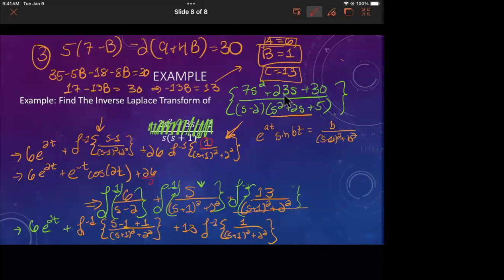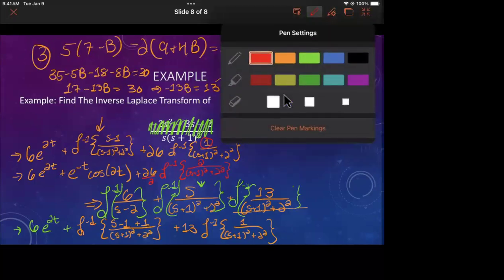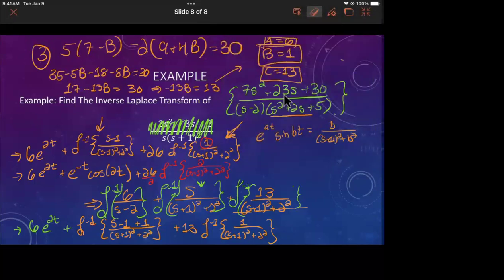We need to divide by 2 and then take the inverse Laplace transform of 2 over s plus 1 squared plus 2 squared. And so the conclusion here is we're just about done.